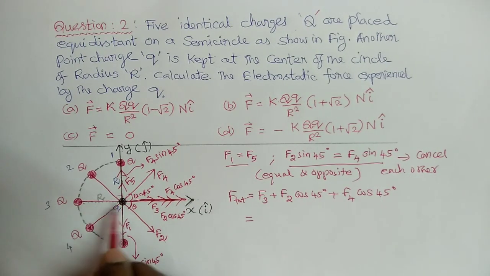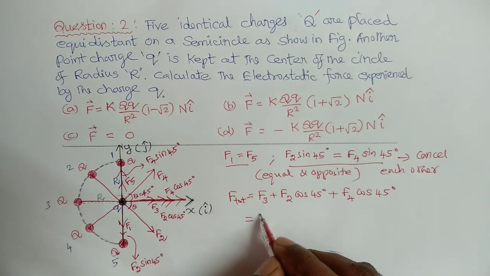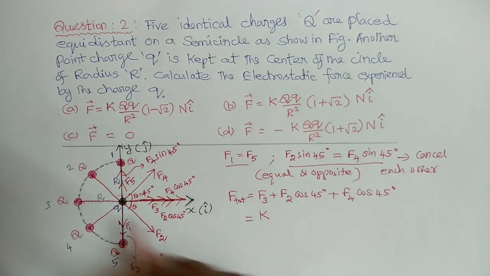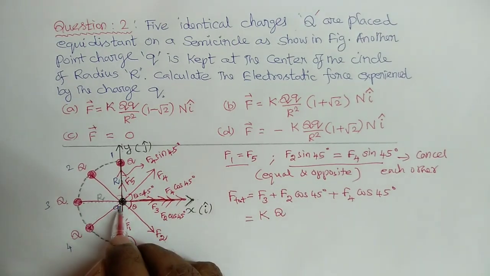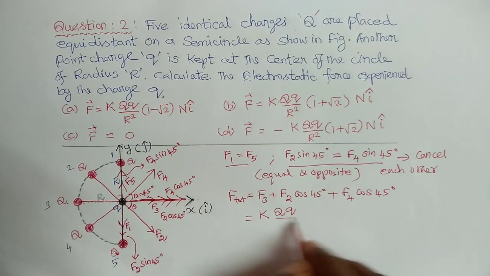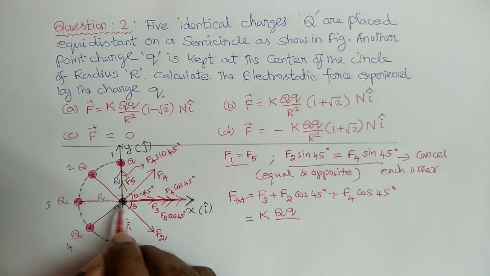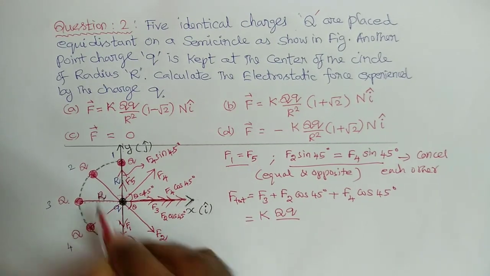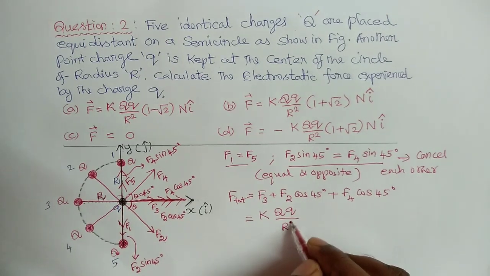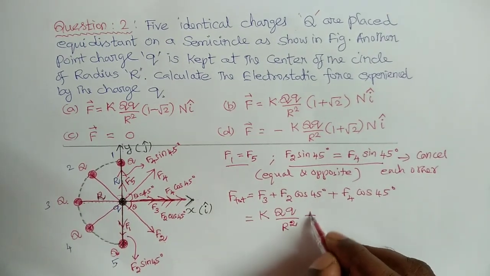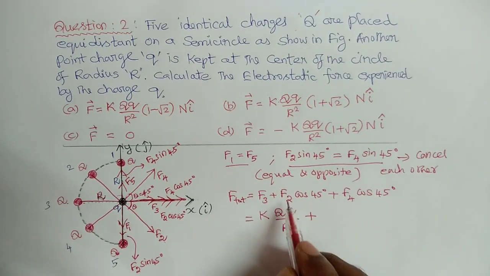So we'll use the Coulomb's law. For F3, here you consider Q and Q. So write K, capital Q, small q by, what is the distance between these two? Is equal to the radius. So r square plus, again we'll write F2.